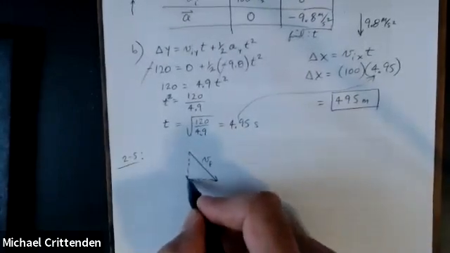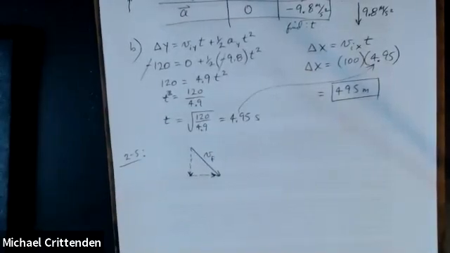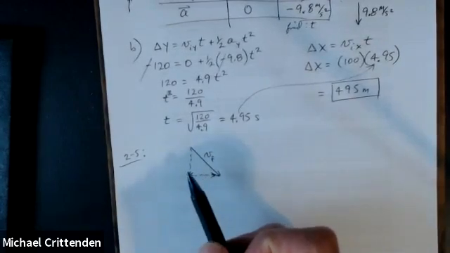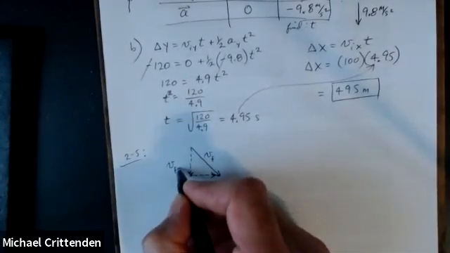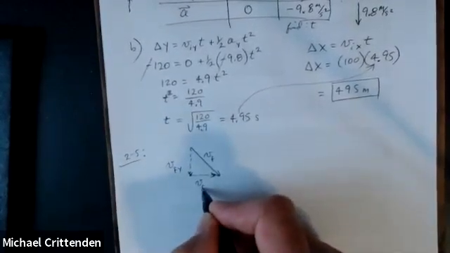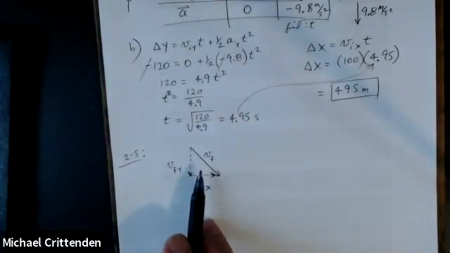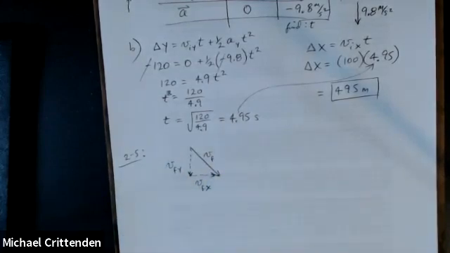Sometimes a component is 0, like these were here, but if you include 0, vectors always have both x and y components. So v final y, v final x. And what the question is asking for is this hypotenuse, the magnitude of the velocity. Okay, how long is the velocity vector at the moment it hits the water?